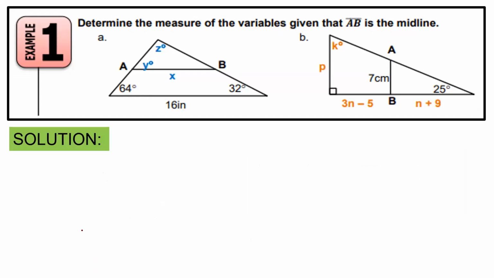Determine the measure of the variables given that AB is the midline. For letter A, we have here the given measurement for the third side, which is 16 inches. And we need to find the value of x, which is the midline. And we have here the given measurement of two angles, 64 and 32 degrees.